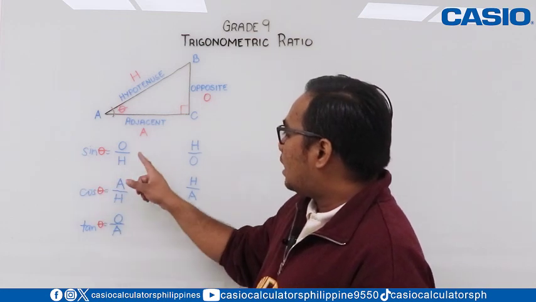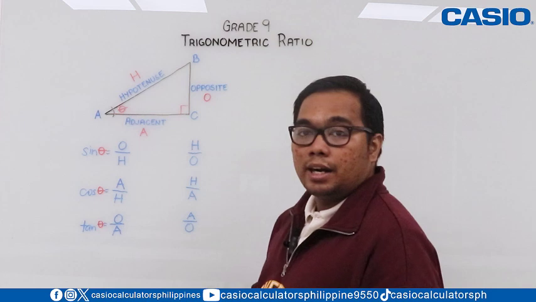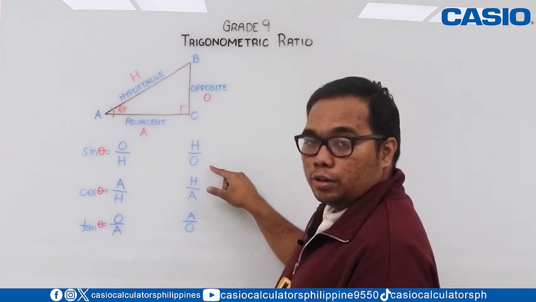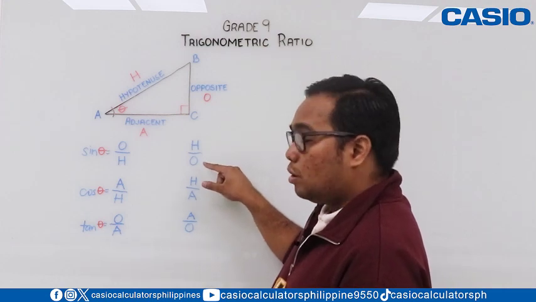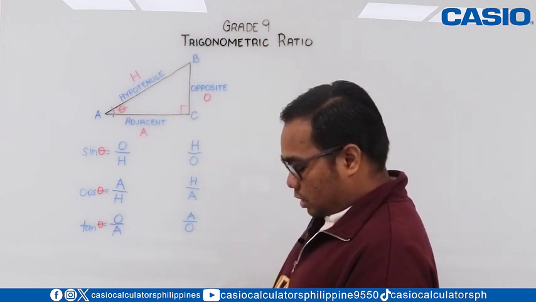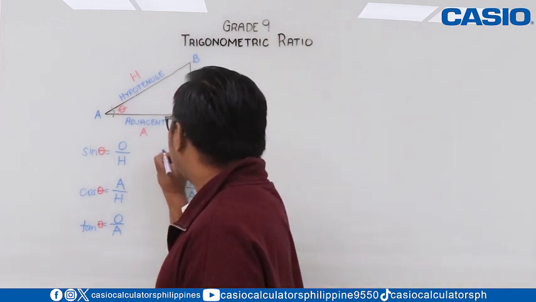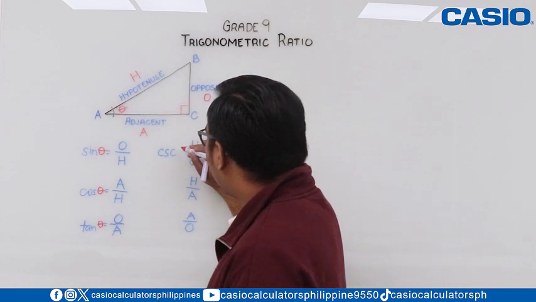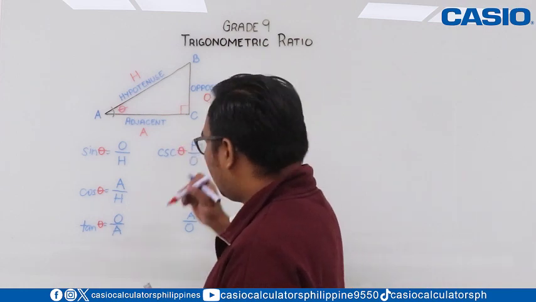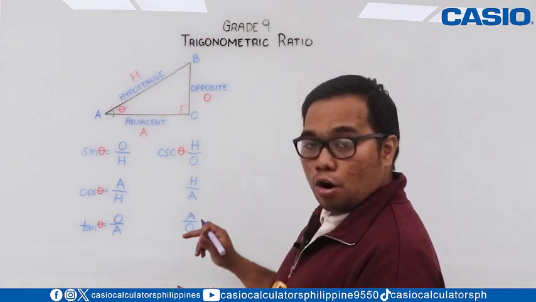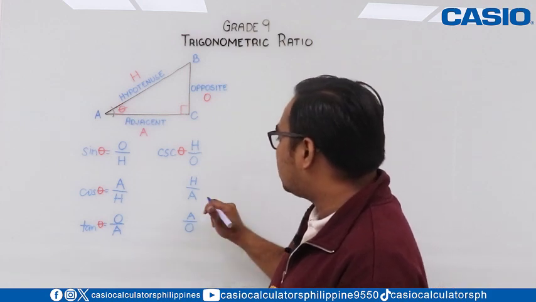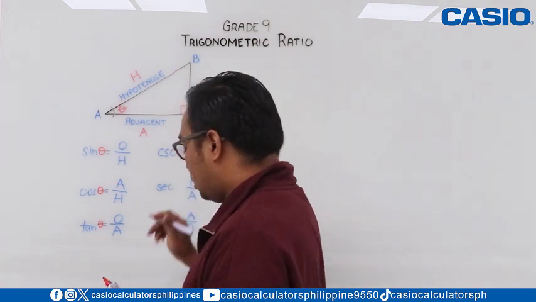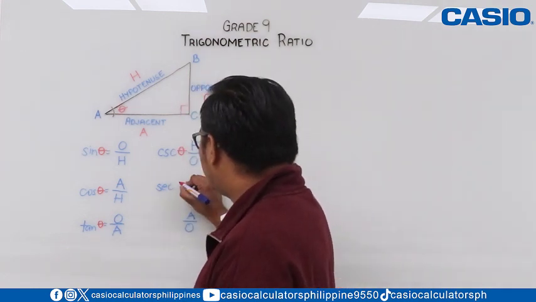Now, let's take a look at the three other trigonometric ratios. H over O, or the ratio of the hypotenuse over the opposite side, is named cosecant. Then, let's put our angle theta. And then, the ratio of hypotenuse and adjacent is called the secant function.